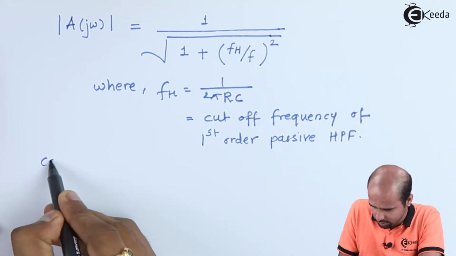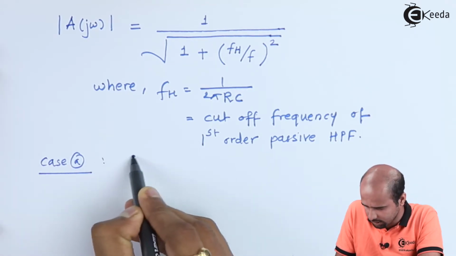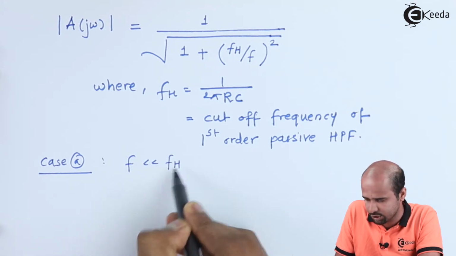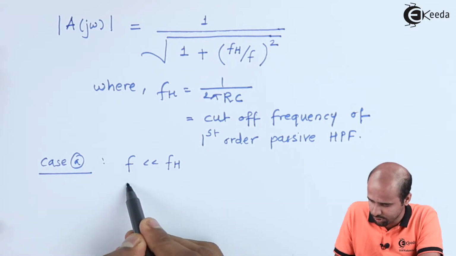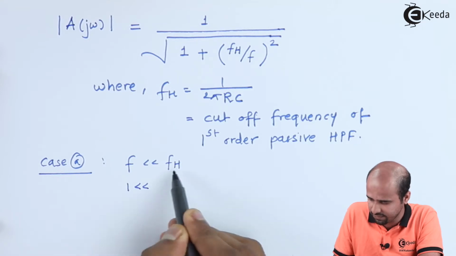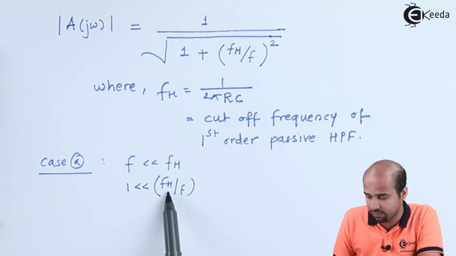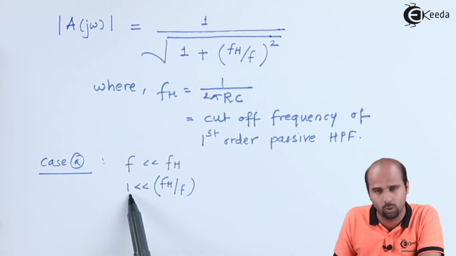Let's treat case number A, which is nothing but f is much less than fh. If this is so, then fh divided by f is much greater than 1.